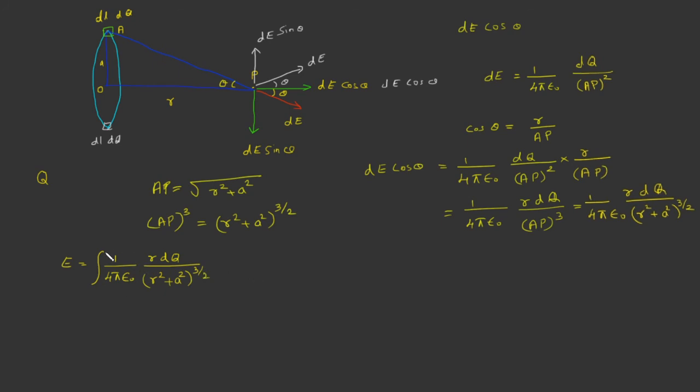We know 1 by 4 pi epsilon 0 is a constant. R is the distance from the center of the ring to the point P, which is also a constant here. A, the radius of the ring, is also constant. So we can take the constants outside. The equation becomes 1 by 4 pi epsilon 0 R divided by R square plus A square the whole raised to 3 by 2 into the integral of dq.